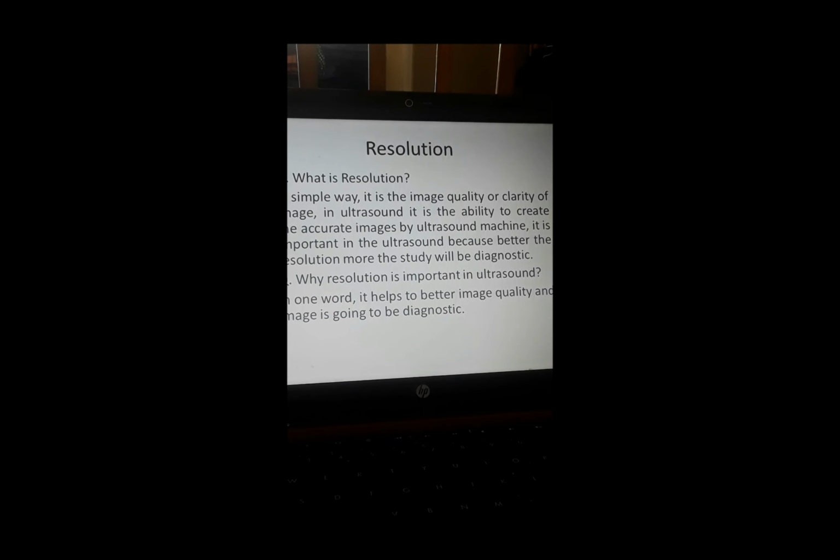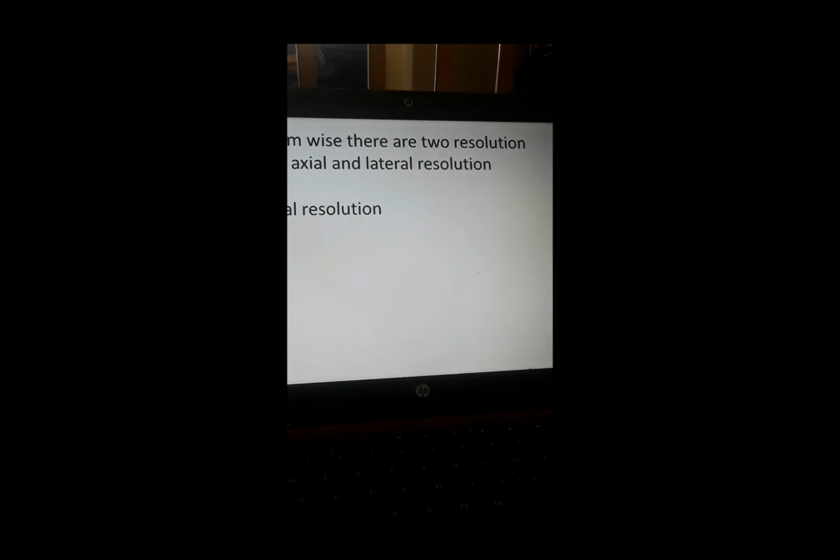In ultrasound language, it is called a diagnostic image. Let's talk about the resolution. Beam-wise, there are two resolutions, that is axial resolution and the other is lateral resolution.